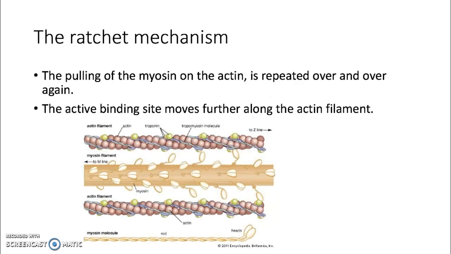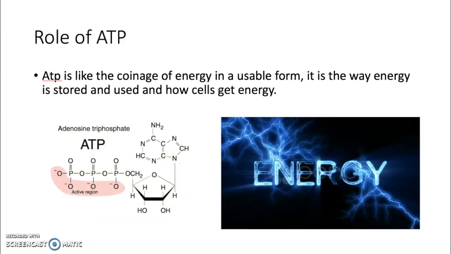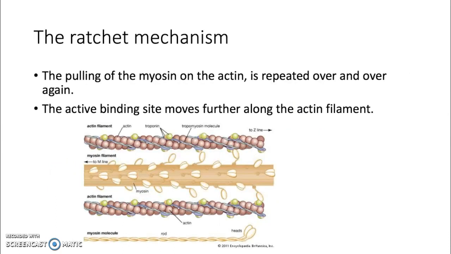The ratchet mechanism. Myosin detaches from actin so that the cross bridge is broken when a molecule of ATP, which is like the coinage use of energy as shown in the previous slide, in a usable form, binds to the myosin head.